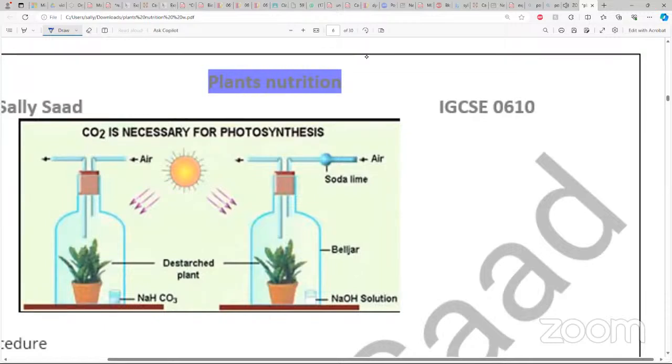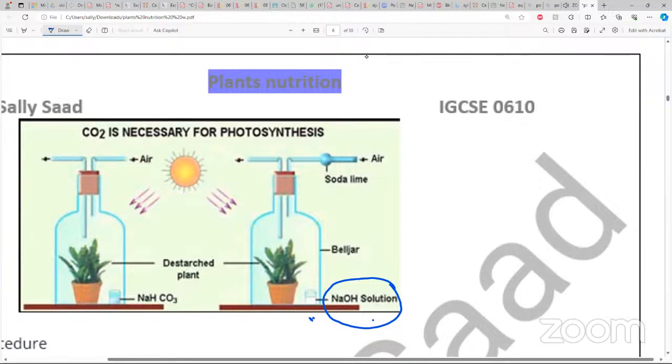Okay. Here, is carbon dioxide necessary or not? Again, I will take two plants, same age, same height, same leaf, or even the same plant, but I will do the experiment twice. Here I will put sodium hydroxide solution. Sodium hydroxide solution absorbs the carbon dioxide. So here the surrounding of the plant is without carbon dioxide.